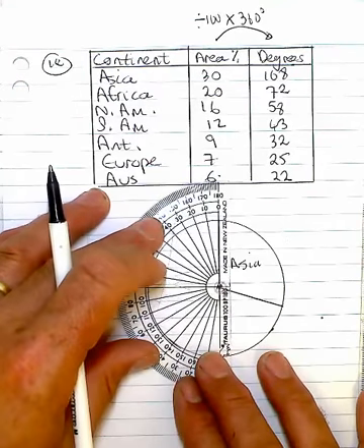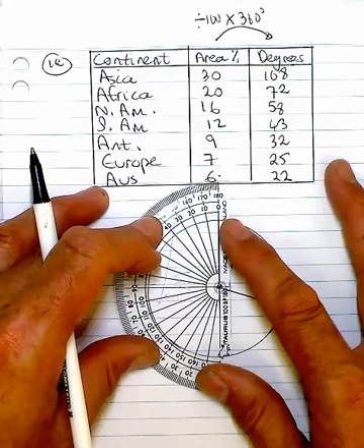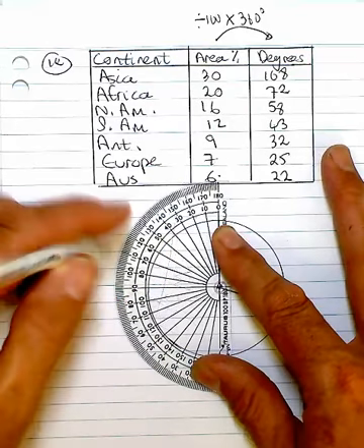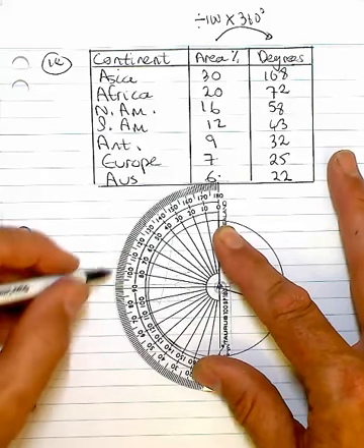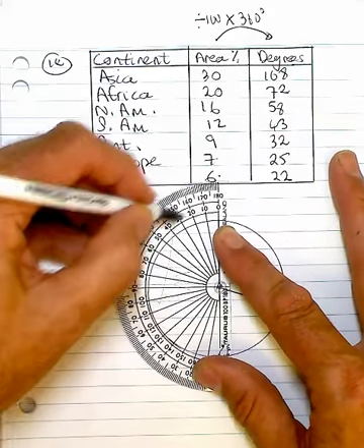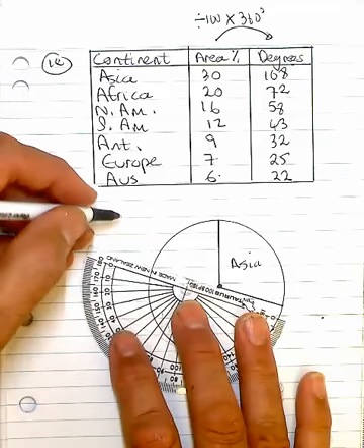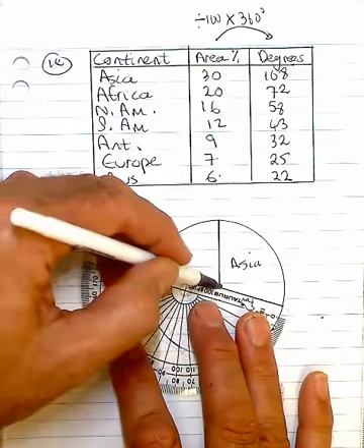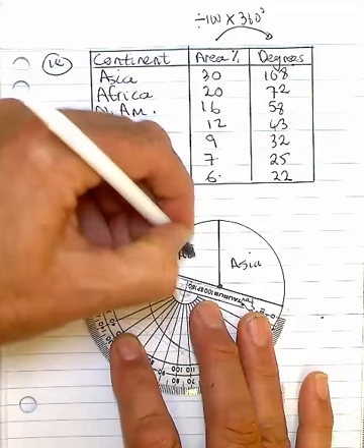Now what I'm then going to do, I'm going to continue around the circle and I'll start again here at the top and draw in the situation for Africa. So Africa occupies a total of 108 degrees, sorry, 72 degrees. So using the inner circle in this instance, putting a dot there and sketching my line, not all the way out, but part of the way there for Africa.